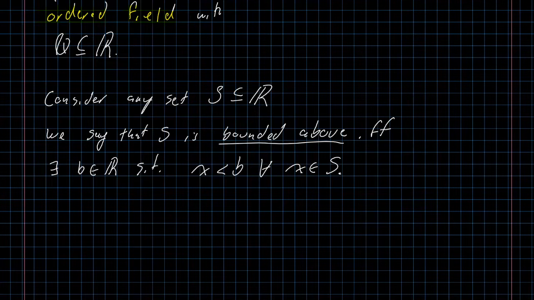So we say that S is bounded above if and only if there exists some value B in the field, in the real numbers, such that x is less than B for every value of x in S. Or more simply, we can find a number so that everything in the set is smaller than that number.